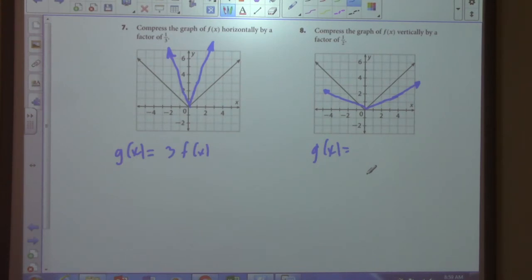What do you think? Jose, what do you think? One half x, you think? Yeah. 1/2 f of x?